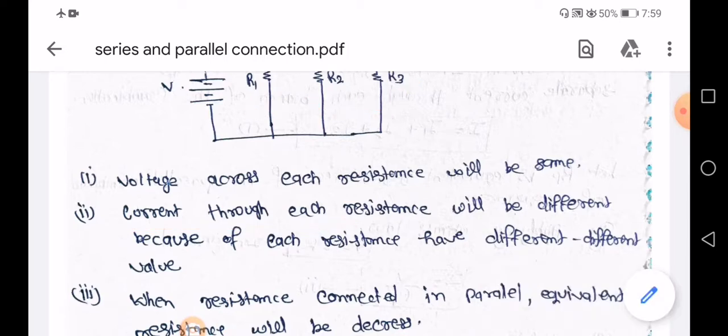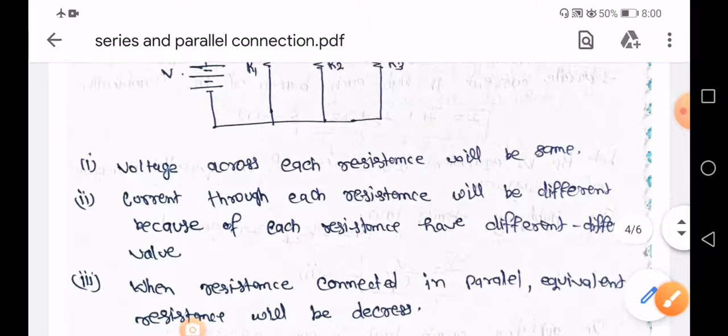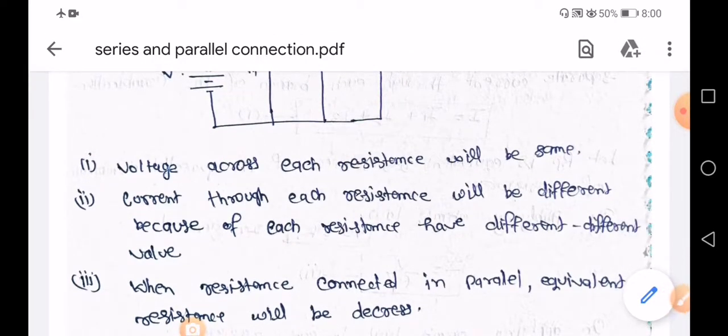Next, when resistances are connected in parallel, the equivalent resistance decreases.